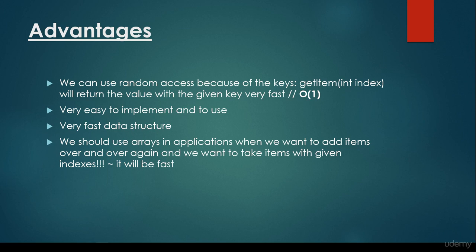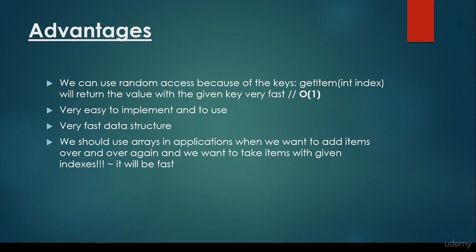We are going to talk about linked lists, and linked lists do not support random access in the sense that if we would like to return a value, first we have to search for this given value. Here, for arrays, if we know the index, then we are able to return it without any problem in constant time complexity. So this is a random access.